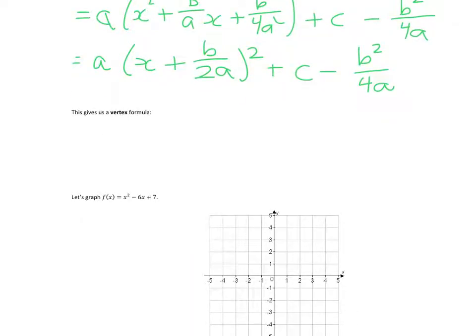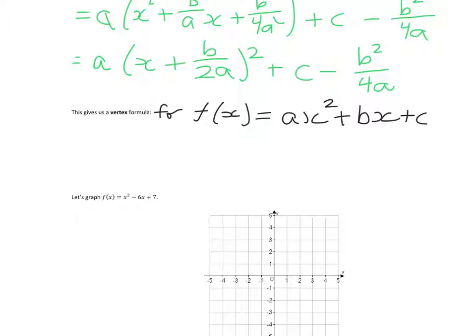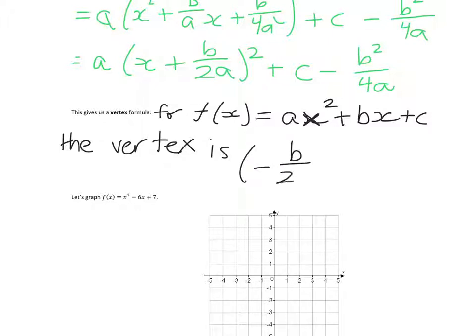So for a polynomial, f of x equals ax squared plus bx plus c, the vertex is, and again we just focus on the x-coordinate, the opposite of b over 2a.